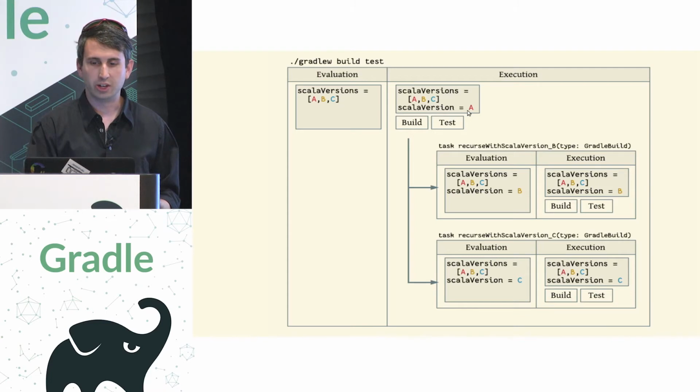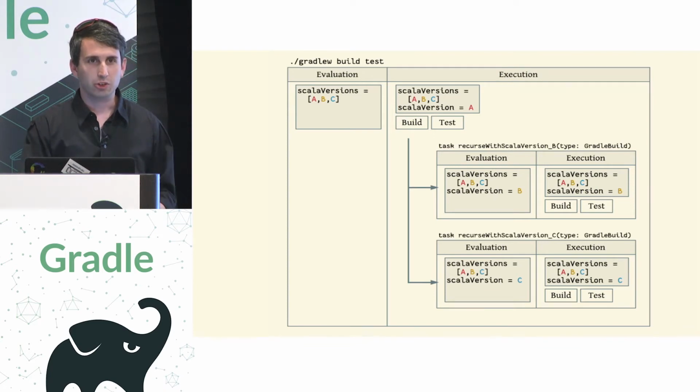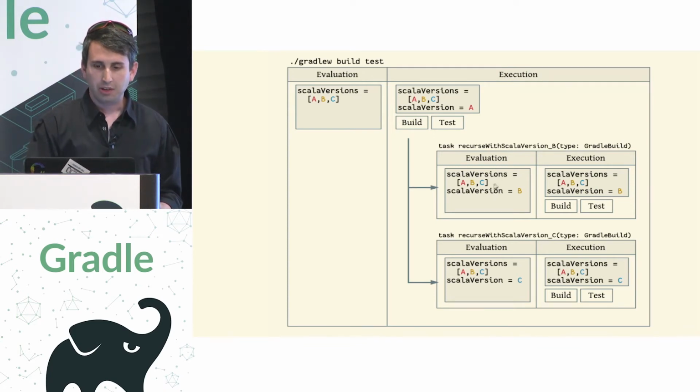So here, version A is going to run build and test with Scala version set to whatever version A was. Then it's also going to dynamically create an additional Gradle build task for each additional version of Scala in that list, and set the Scala version explicitly as a property for that build.